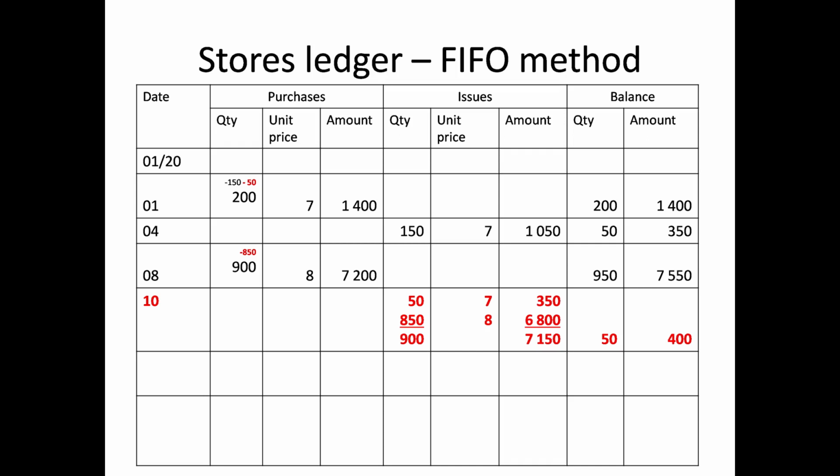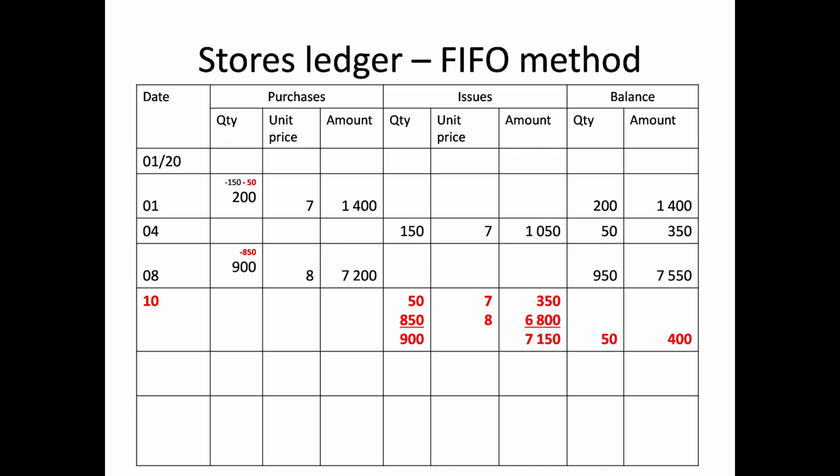Therefore, first of all, you have to withdraw the remaining part of that inventory. Then if you want, you can write there in small letters minus 50. Then that 50 units you are going to write down under issues. Quantity 50, unit price 7. Then the amount will be 350. 50 multiplied by 7, it's 350.